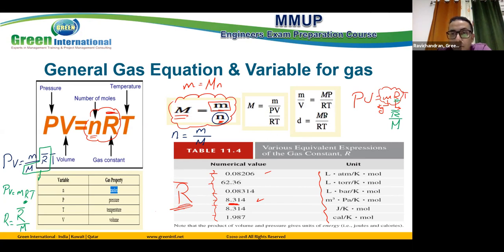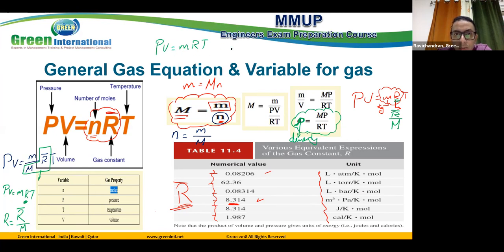What else is important here? In this equation, I can write rho, which is better than D. Rho is density. How does density come from PV = mRT? We know the definition of density is mass by volume.